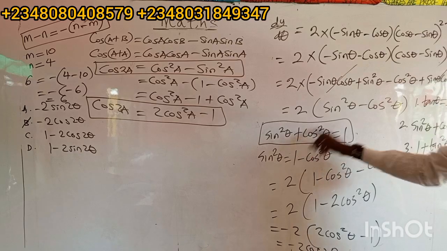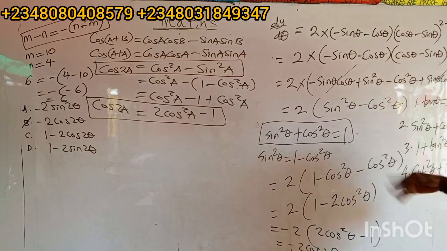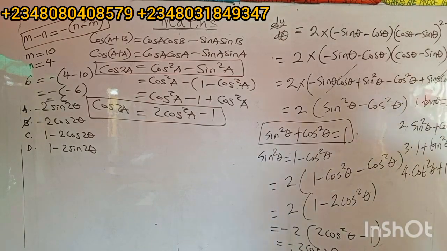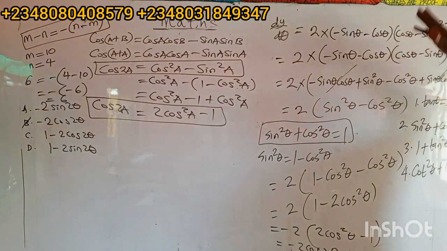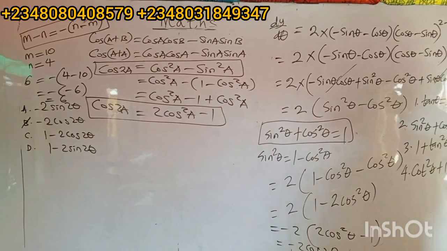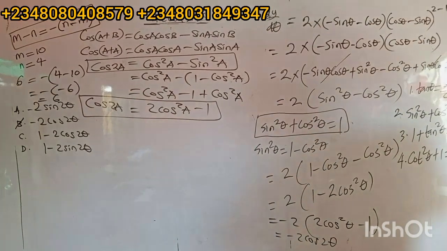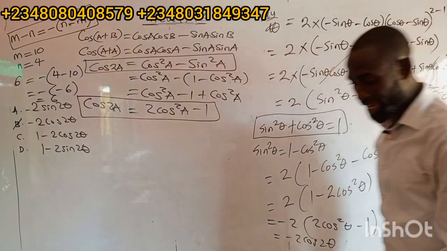So what is sine square theta? We'll come here, I have this, then open the brackets. Just pause the video if you don't understand. This is what we call the derivative of the trigonometric function. Next is the derivative of the linear function and the unit function. So I've not ended this work.